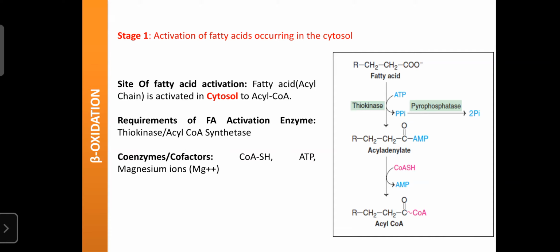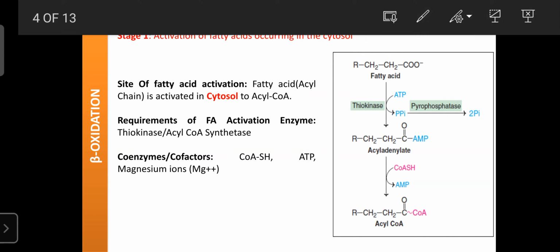Regarding the first stage, the activation of fatty acids mainly occurs in the cytosol. In the cytosol, the fatty acid is activated into acyl CoA. Okay, it occurs in the cytosol, but beta oxidation occurs in the matrix of the mitochondria.